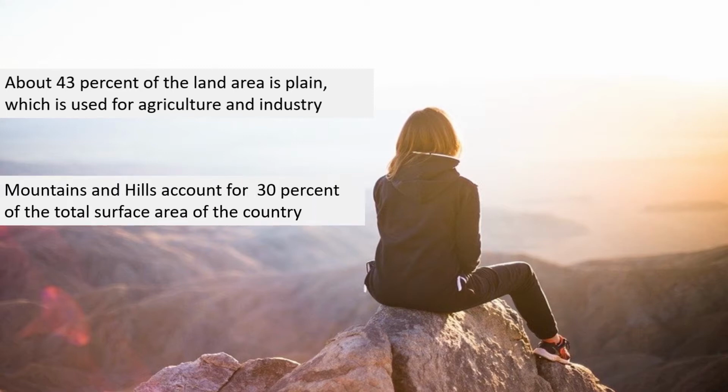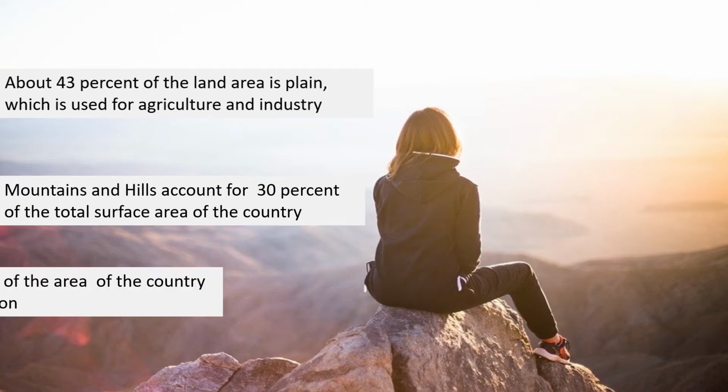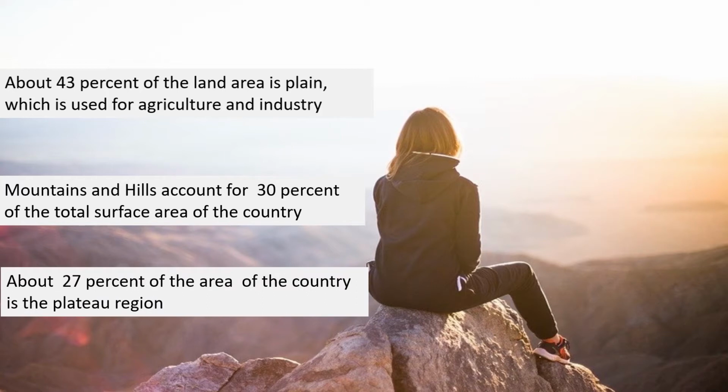Around 30% of the terrain in India is occupied by mountains and hills, and only 27% of it is the plateau region. So, most of the landform in our country is the major landform comprising of the plain areas.